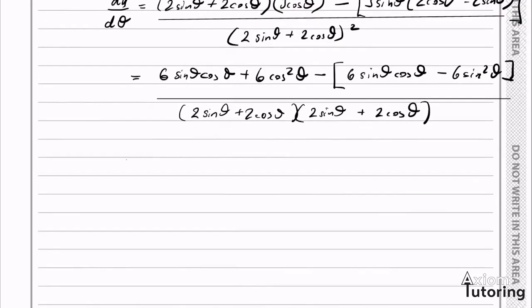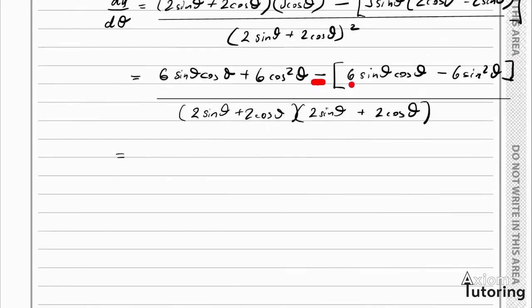So on the next line, what I'll do now is I'll just simplify the numerator first, and then I'll also write out the terms that we get from multiplying out these brackets. So at the top here, I'm going to get 6 sine theta cos theta, but here I'm going to get minus 6 sine theta cos theta.